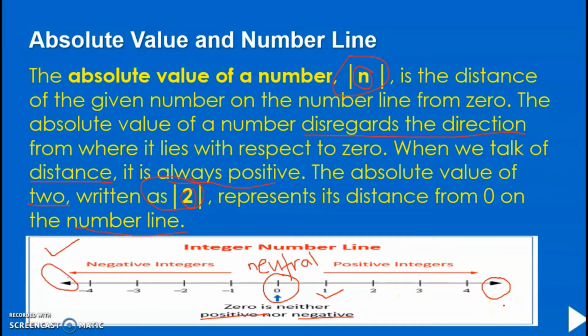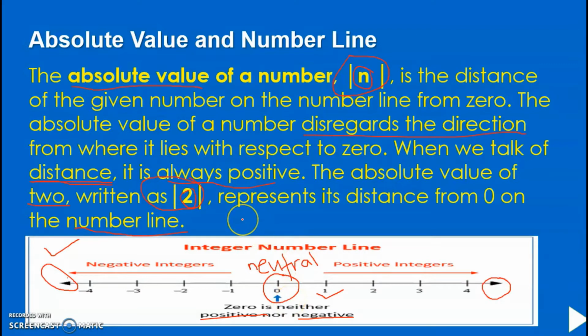So to summarize about the absolute value, the absolute value is always positive. Absolute value refers to distance. How can we describe distance pertaining to absolute value?